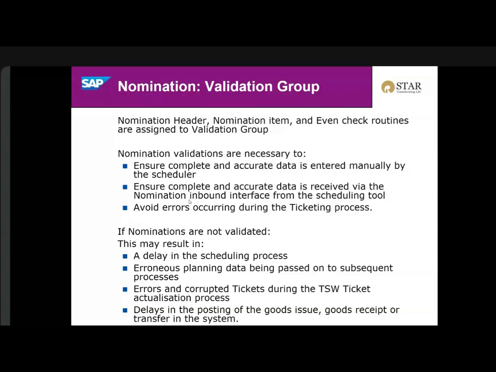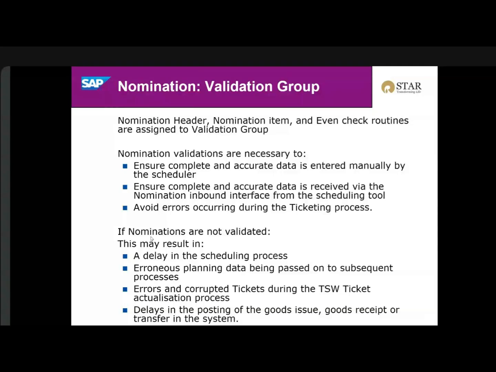This is what the interface means, an external application, so that data should be complete. Avoid errors occurring during the ticketing process. If you give wrong or incomplete data in the nomination, while doing the ticketing it will give an error. So by doing this validation, you can avoid the errors.